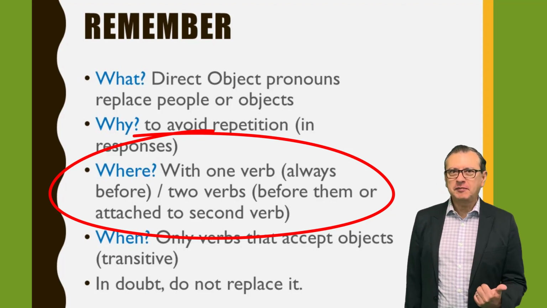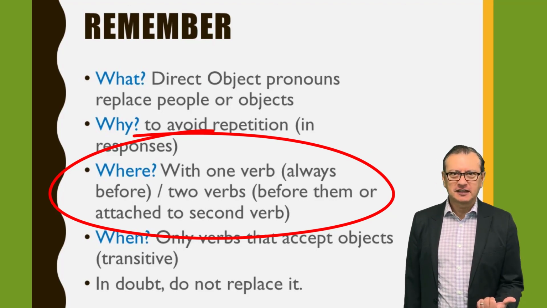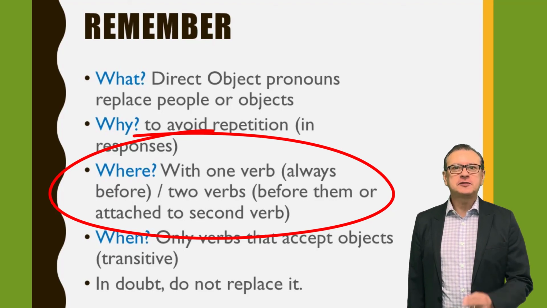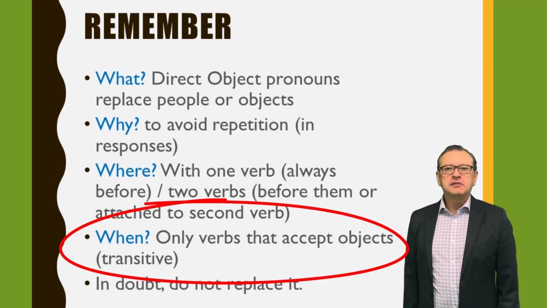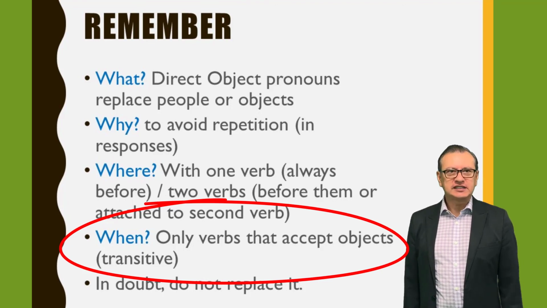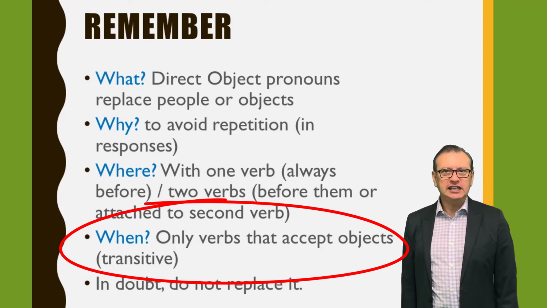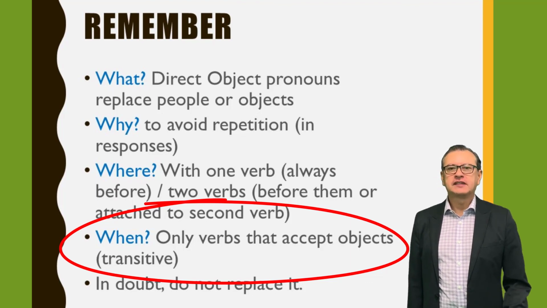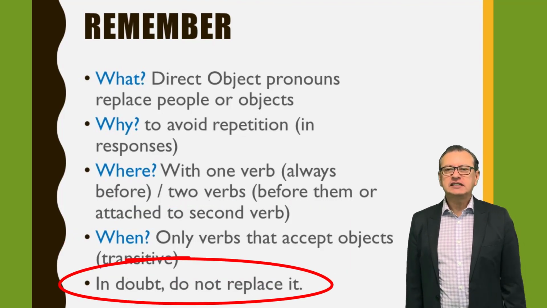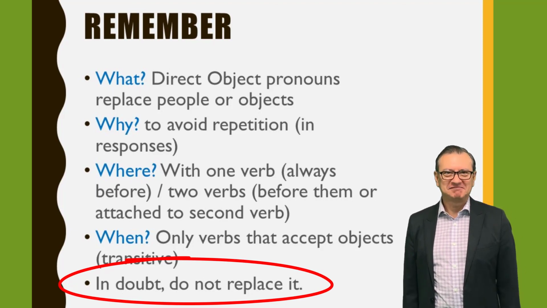If there's one verb, place it before the verb. And if there are 2 verbs, place it attached to the second verb. When? Remember to use it only with transitive verbs. No need to use it when the verb does not require an object. And if you doubt a little bit and you don't know what to do, it's okay not to replace it.